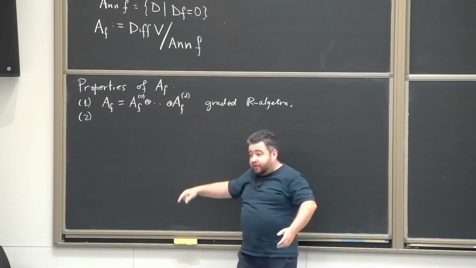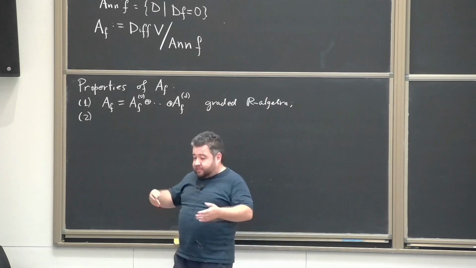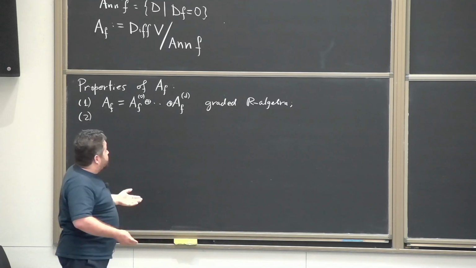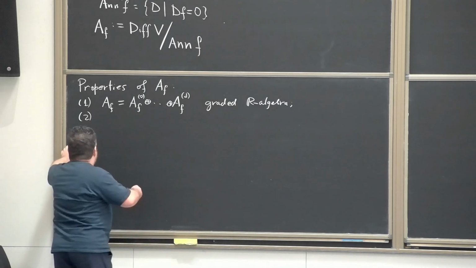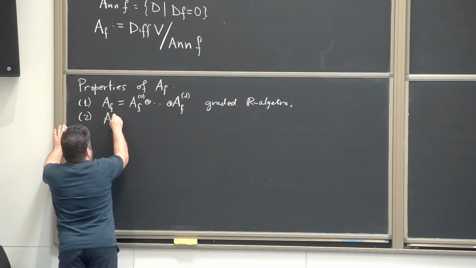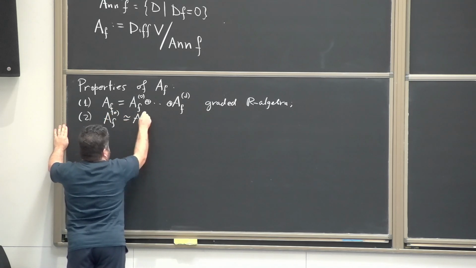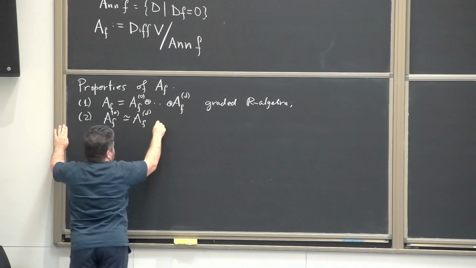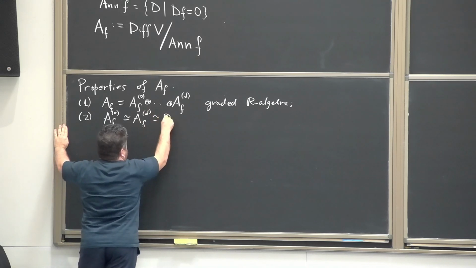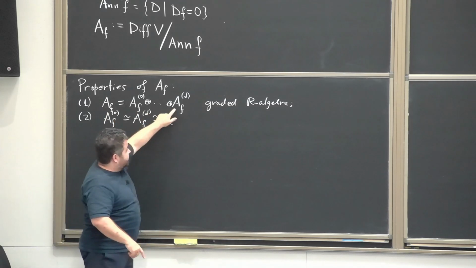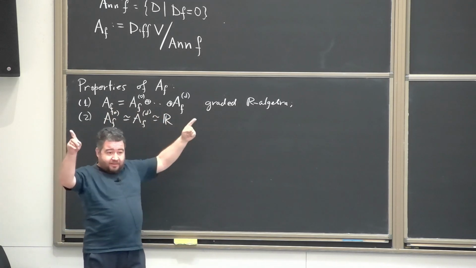There is only one, up to proportionality, such operator that gives some non-zero constant when applied to f. So A_f in degree 0 is isomorphic to A_f in the top degree, which is isomorphic to R. So these components are in a sense symmetric.